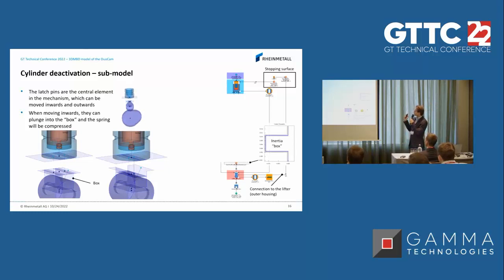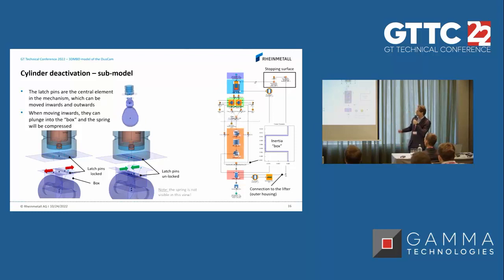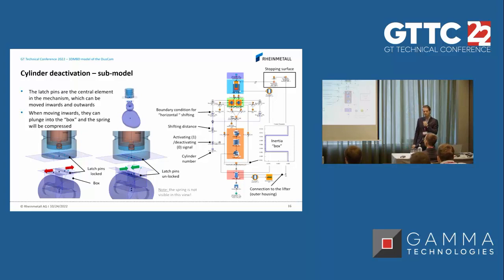We integrated an inertia box with a special design and also the latch pins. The latch pins can be pushed outwards and inwards. This is the difference between the deactivated and the activated mechanism. If we push the latch pins inside, the spring under the latch pins will be compressed. And there are also several components integrated for the controlling. We will have a detailed view of this later.